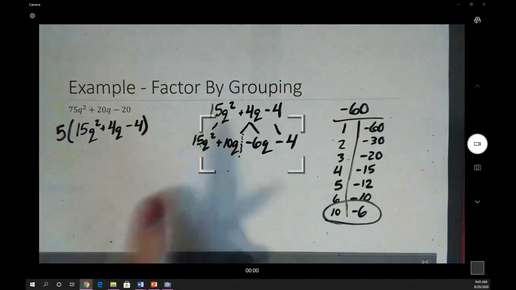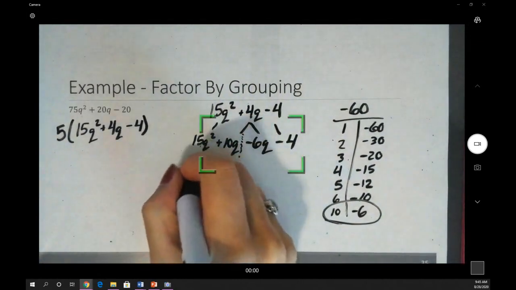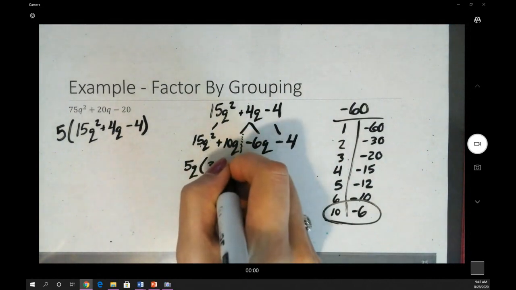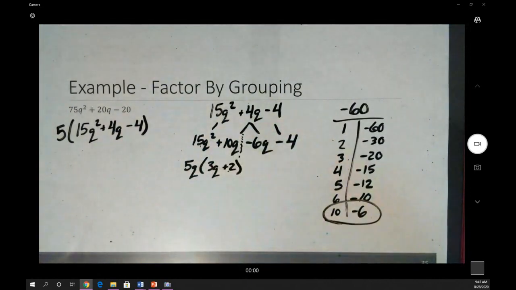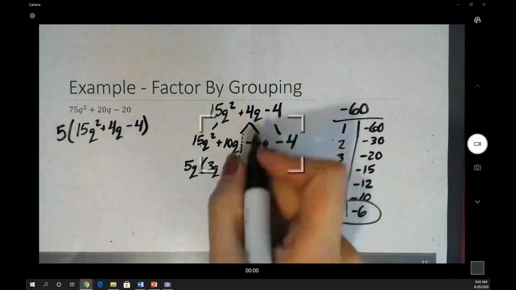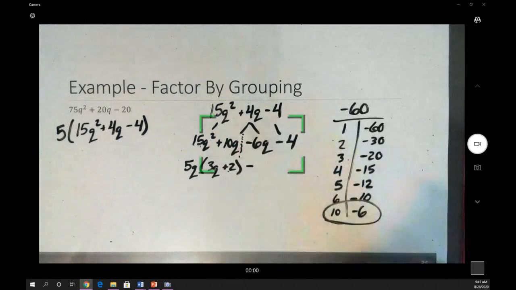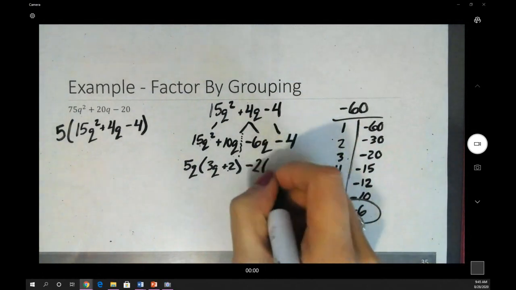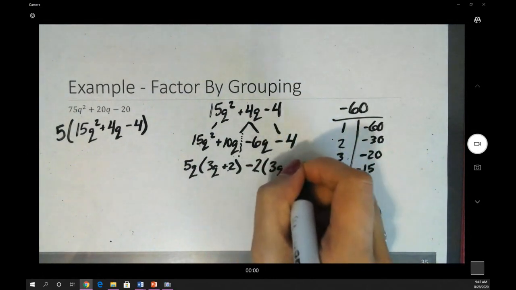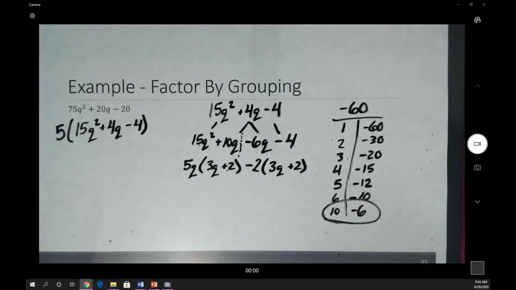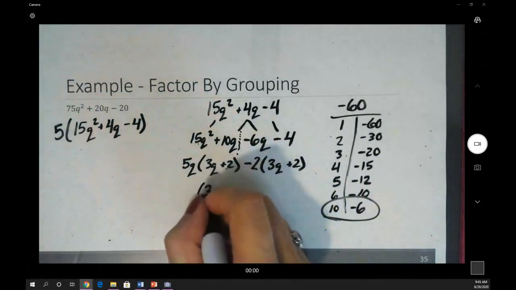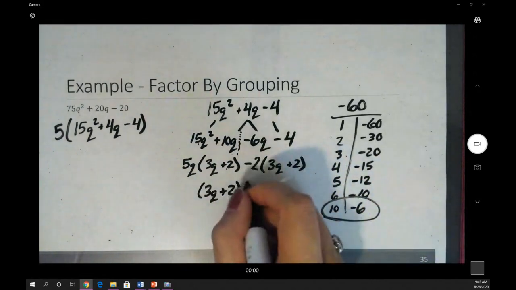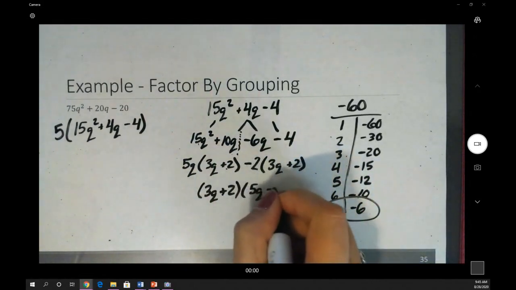Between my 15q squared and my 10q, I can factor out a 5q, which leaves me in parentheses with 3q plus 2. I need to factor out a negative because that's the first sign after the dotted line. And 6q and 4 have a 2 in common, which would leave me with 3q plus 2. Yay, they match. So they have a 3q plus 2 in common. And if I factor out that 3q plus 2, I'm left with 5q minus 2.